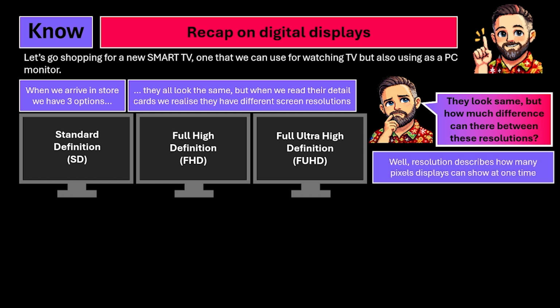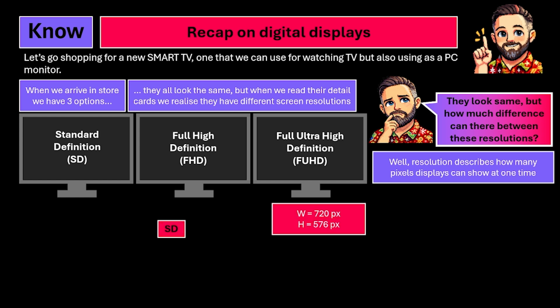Well, resolution describes how many pixels displays can show at one time. So although the screens may have the same physical size, they may actually have very different amounts of detail being shown to the eye. Standard definition has 720 pixels in its width and 576 pixels in its height.